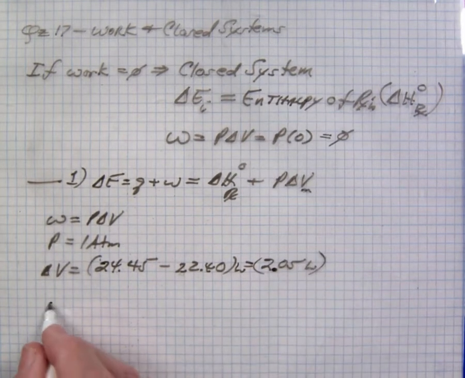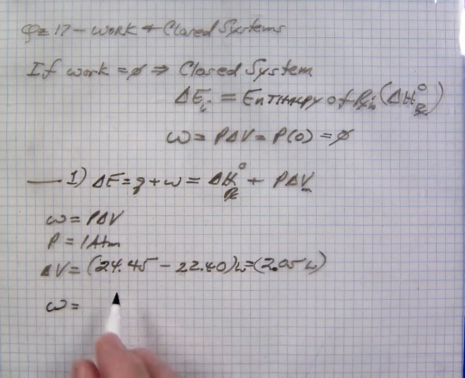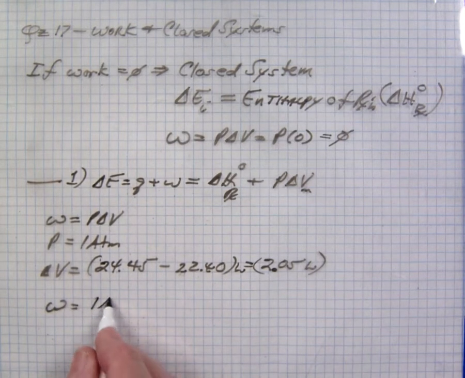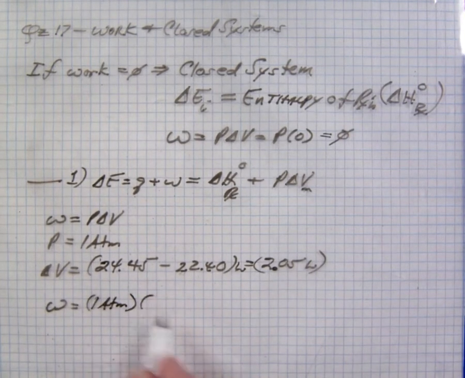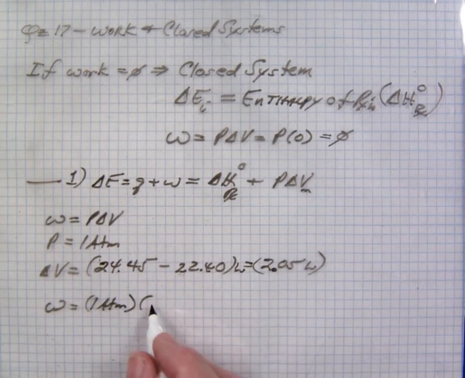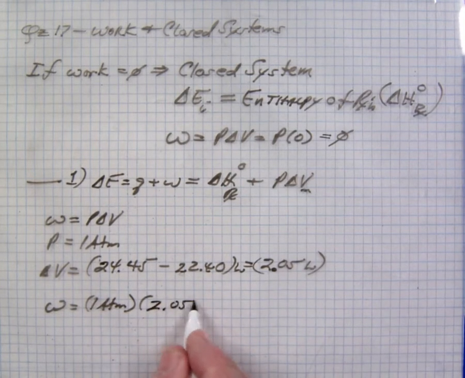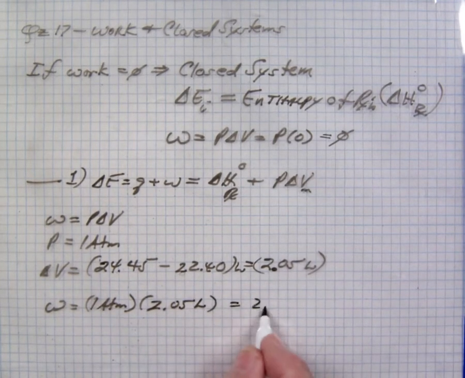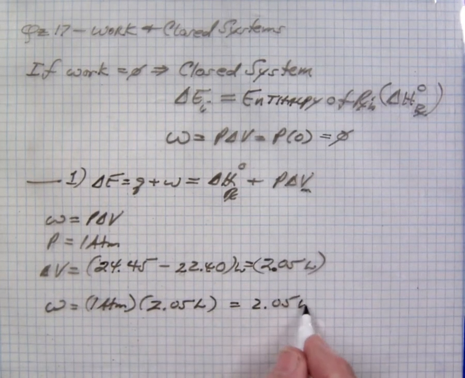And so your work function in terms of liter atmospheres is 1 atmosphere times whatever change in volume you measured. And so that's 2.05 liter atmospheres.